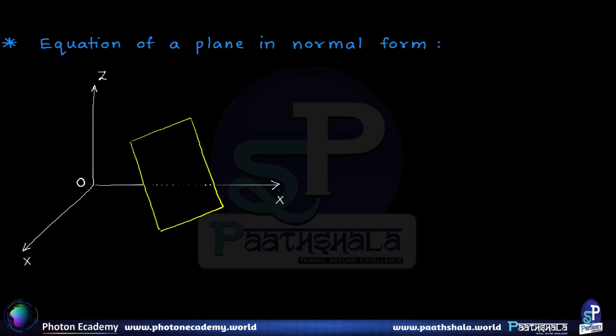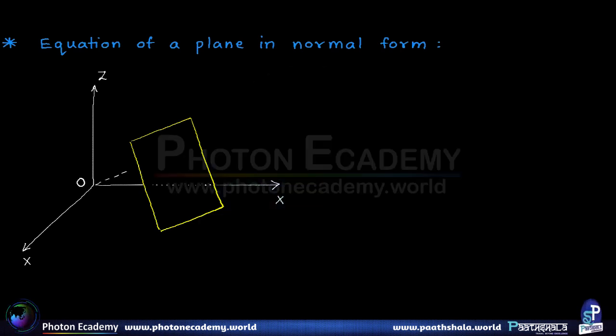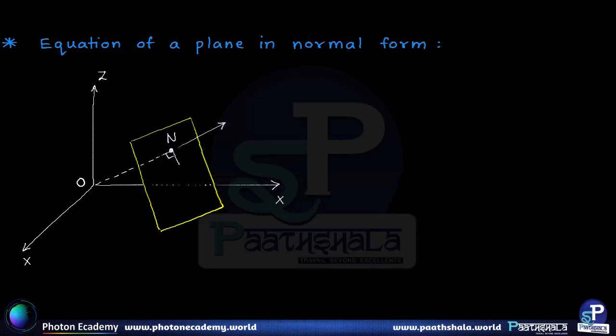Suppose we have a plane as shown here, and from the origin let us draw a normal, that is the perpendicular segment to the plane, and say for example let it meet the plane in point N. So N is what we call the foot of the perpendicular drawn from the origin. So I can show a unit vector, say n cap, in that particular perpendicular direction. So I can call this a unit normal vector to the plane.